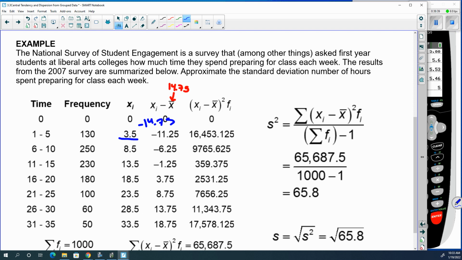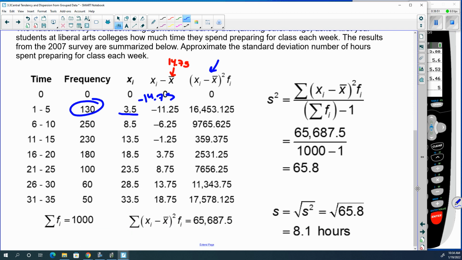Once they had that number, they squared it and times it by the frequency to come up with the numbers over here. Then they added all of these numbers together to come up with this number. And then they divided it by the sum of all the frequencies minus 1 to come up with the sample standard deviation.